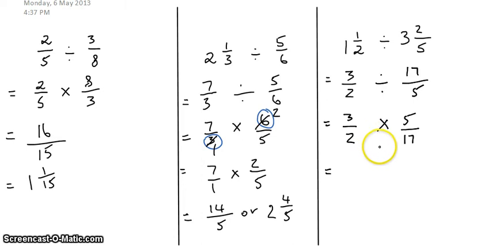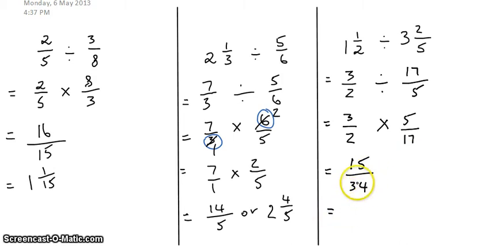And then we need to look for common factors like we did with this question. 2 doesn't really have any common factors with 3 and 5, and 17 doesn't have any common factors with 3 and 5 either, so we have to keep it the same. We've simplified it enough, so we'd finish off our multiplication. 3 times 5 is 15, and 2 times 17, well, we can think of 2 times 16 is 32, so 2 times 17 is 34.